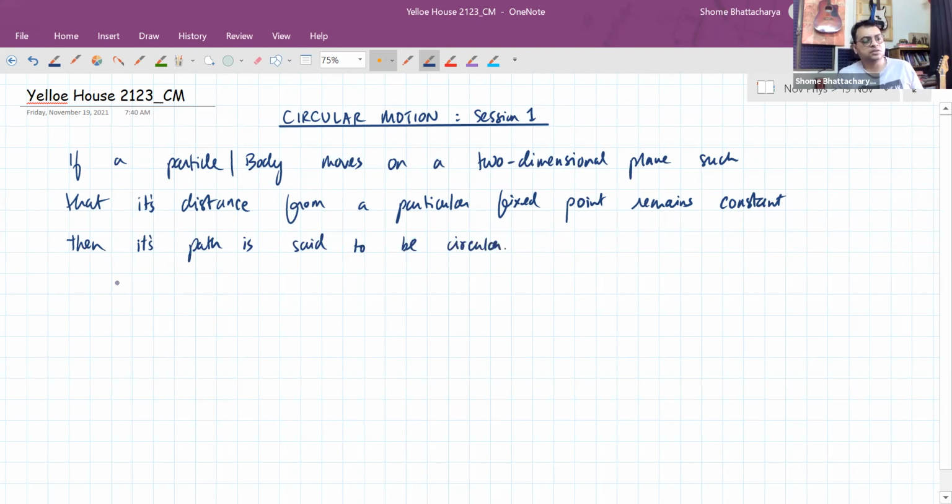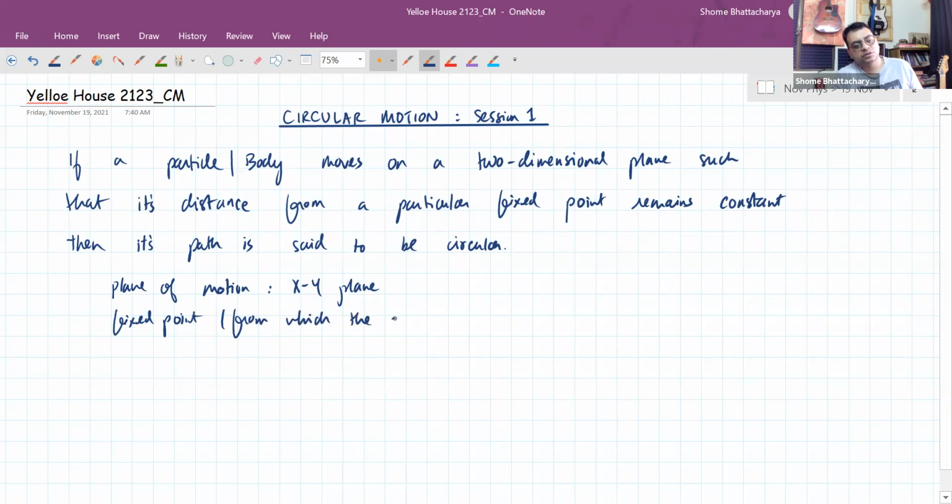So the convention we follow is we take the plane of motion as our xy plane, and we take the fixed point from which the distance is constant as the origin. So that becomes the center of the circle.